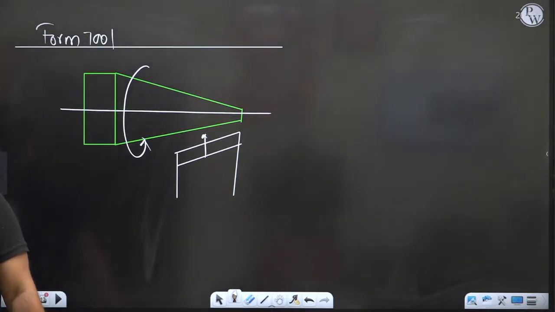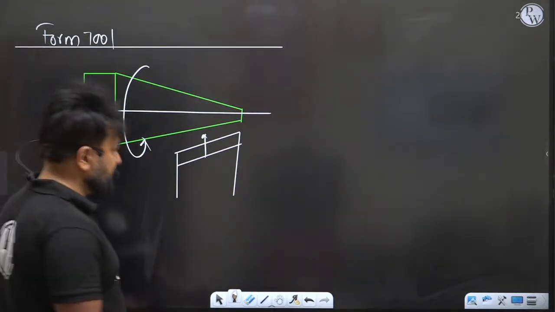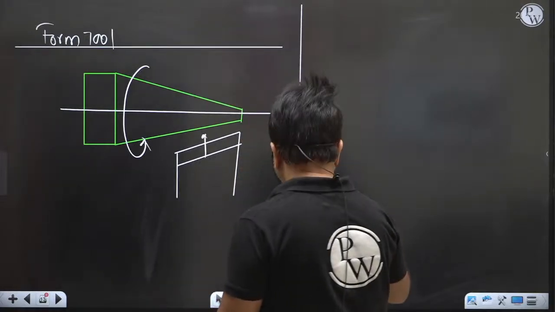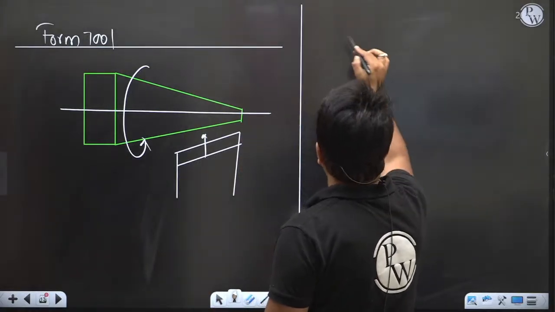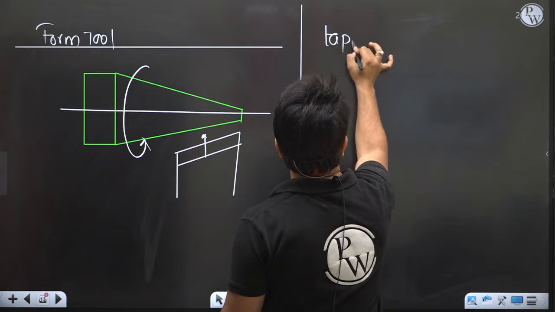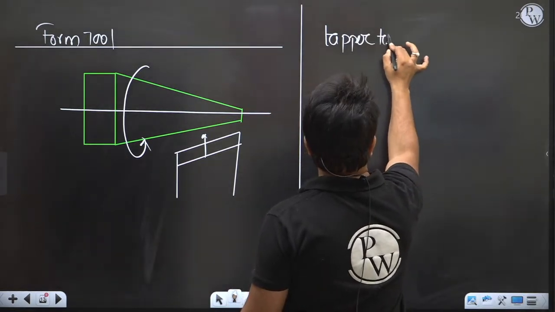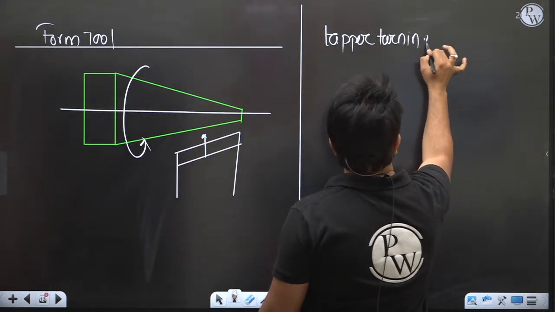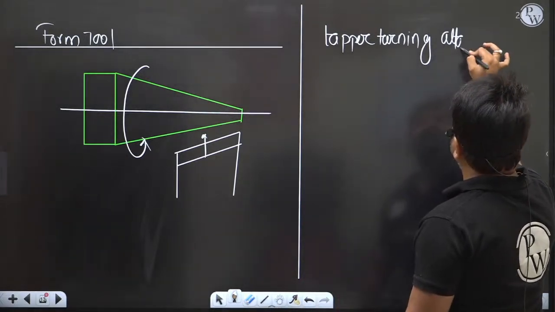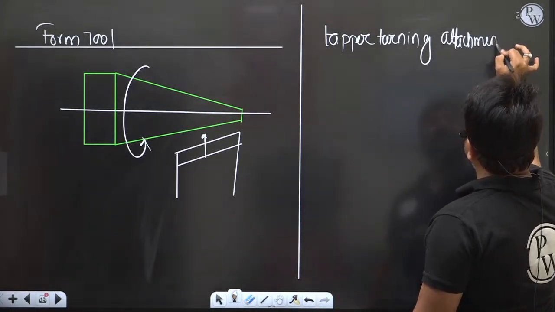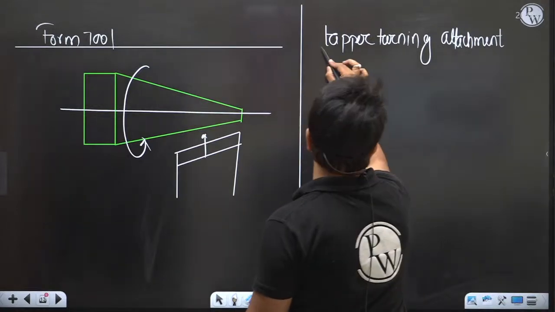Now there is one more method, the taper turning attachment. By using the taper turning attachment, you can also produce a taper surface.